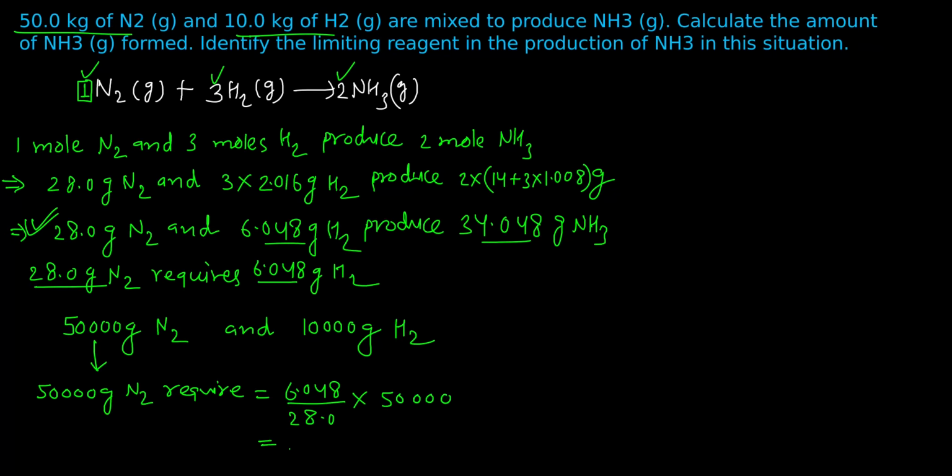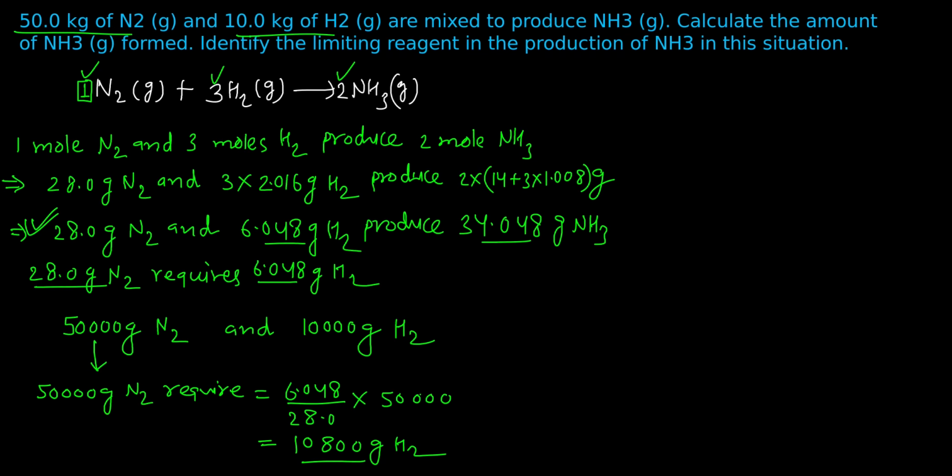And let us solve this. How much will that come? 6.048 into 50,000 divided by 28.0. This is coming 10,800 gram hydrogen. So if you want to get completely 50,000 gram nitrogen reacted, then you will need 10,800 gram of hydrogen.